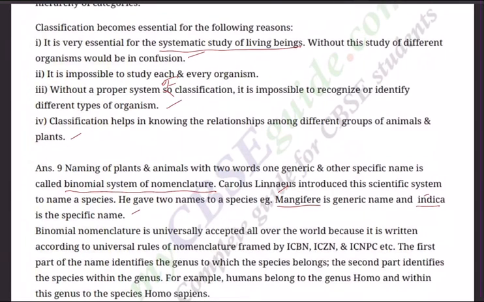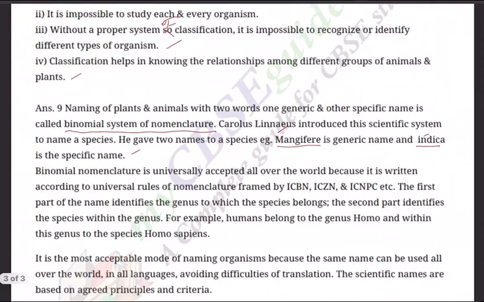So Mangifera indica, we are talking of mangoes in general and in specific Indian mango. Next, binomial nomenclature is universally accepted all over the world because it is written according to the universal rules of nomenclature framed by these institutions, ICBN, ICZN, ICNP, that is botanical nomenclature, zoological nomenclature, etc.